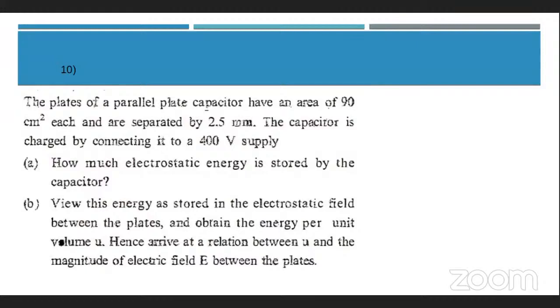How much electrostatic energy is stored by the capacitor? So you have to find out the energy stored. View this energy as stored in the electrostatic field between the plates and obtain the energy per unit volume. Hence arrive at a relationship between U and the magnitude of electric field E between the plates.